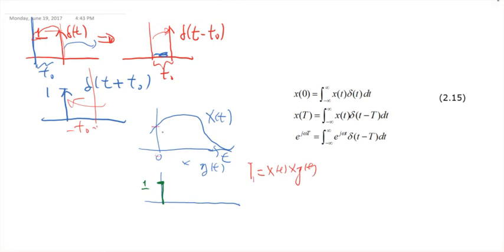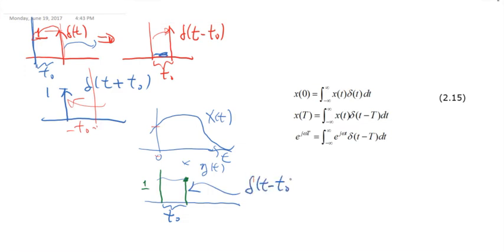Suppose gt is not here, and gt is like this, at t naught. We can consider this as delta t minus t naught.